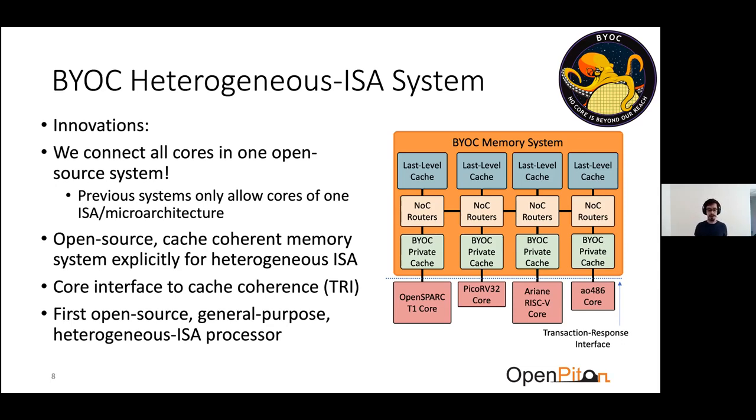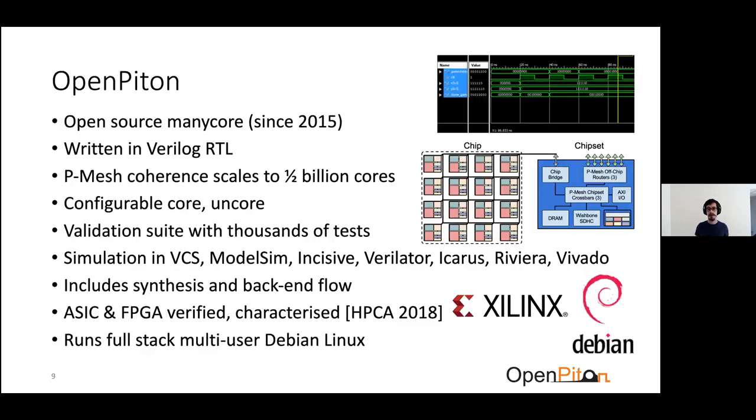So we started from the OpenPiton system that we built, virtually the same team at Princeton. And so OpenPiton itself is an open source manycore research platform. It is actually a manycore processor design, and we open sourced this back in 2015, but the implementation effort started back in late 2013. So this has been going on for quite a long time.